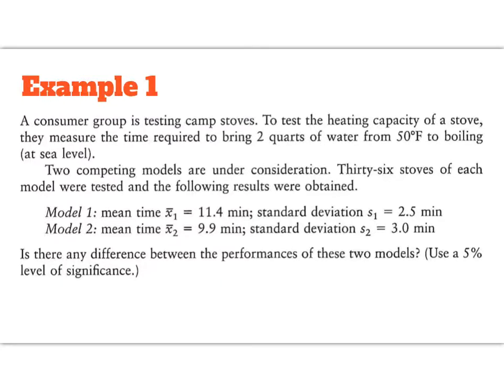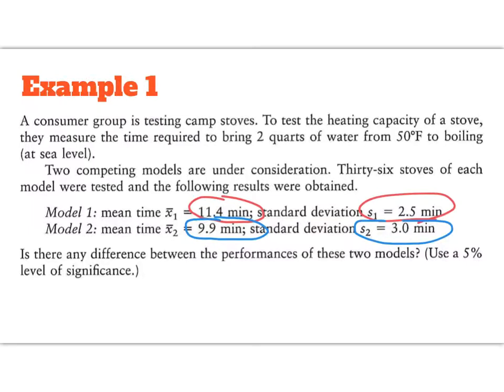For model number 1, we had a sample mean of 11.4 minutes with a standard deviation of 2.5 minutes. And then for the second model, a mean time of 9.9 minutes, and a standard deviation of 3 minutes. And the question that we are asked is, is there any difference?